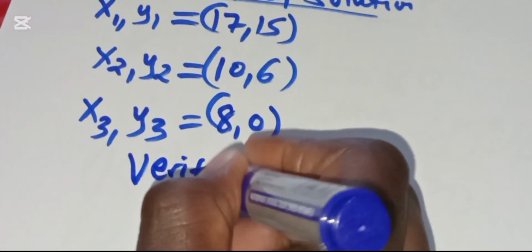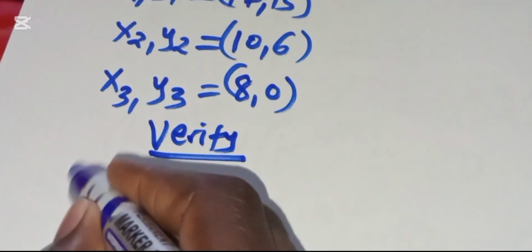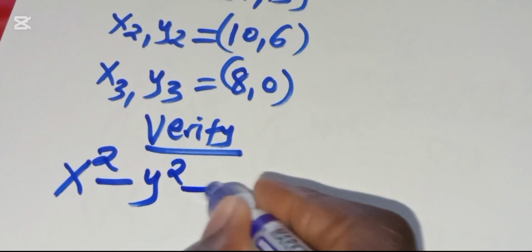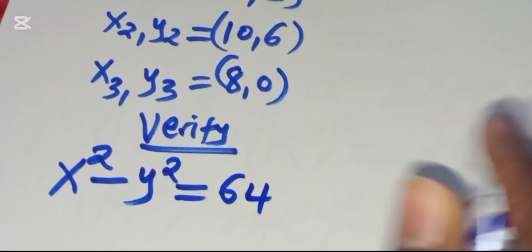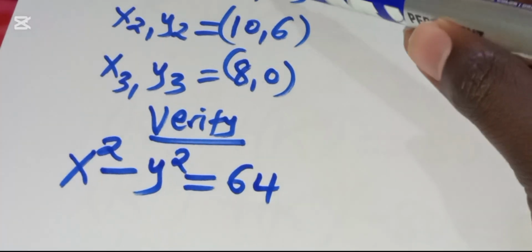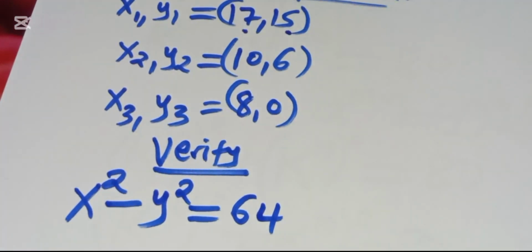Now, if you recall, our equation is x squared minus y squared, and this is supposed to give us a value of 64. So from the first set, we have x equal to 17 and y equal to 15. So let's substitute this.